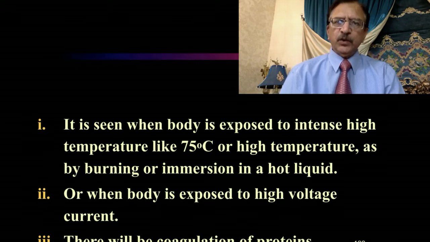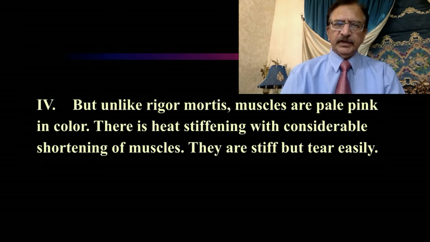There will be coagulation of protein; the proteins are coagulated and stiffened. But unlike rigor mortis, they show the color of vital reaction. There is heat stiffening and considerable shortening of the muscle, and they are stiff, but they can be torn easily because they have been solidified by the heat.